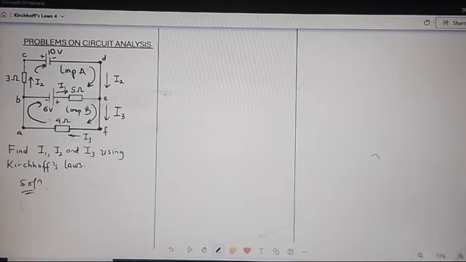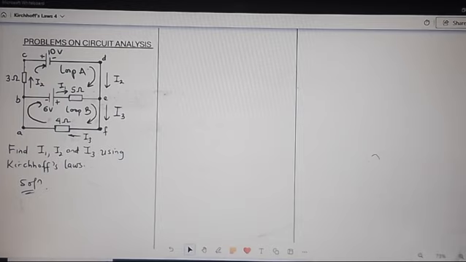Then next, you apply Kirchhoff's current law first. Looking at the figure, you have to locate the point where Kirchhoff's current law can be applied easily. Remember that the law states that the sum of the current entering a junction is equal to the sum of the current leaving the junction.